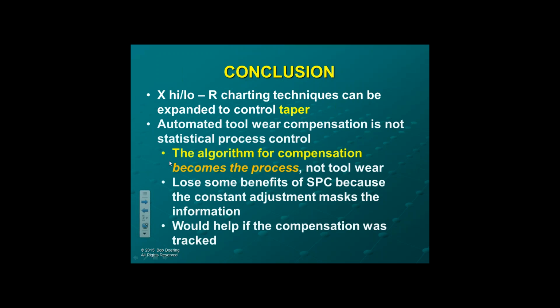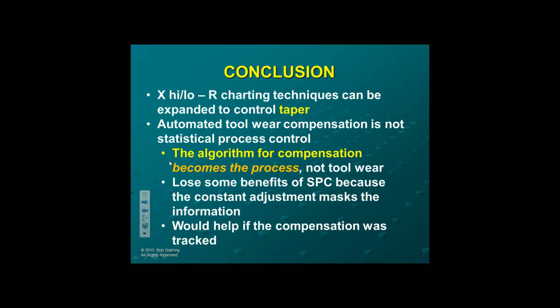Now here's another important point that you need to understand. Automated tool wear compensation is not statistical process control. The algorithm for compensation actually becomes the process, not tool wear. In fact, you can no longer see the tool wear because what it's really doing is an automated overcontrol.